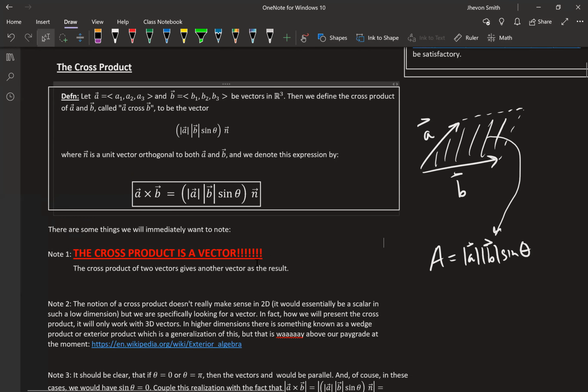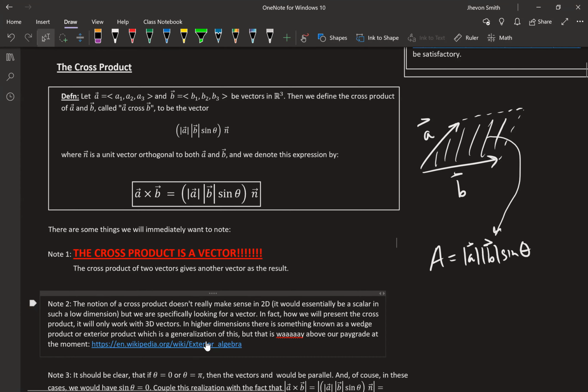Now, it's also worth mentioning that the cross product as we will define it will only work in R3. So specifically A1, comma, A2, comma, A3, cross product with B1, comma, B2, comma, B3. There is a generalized version of a cross product. It's called a wedge or an exterior product. You can see here for more info on that. But to be honest, this is way above our pay grade.